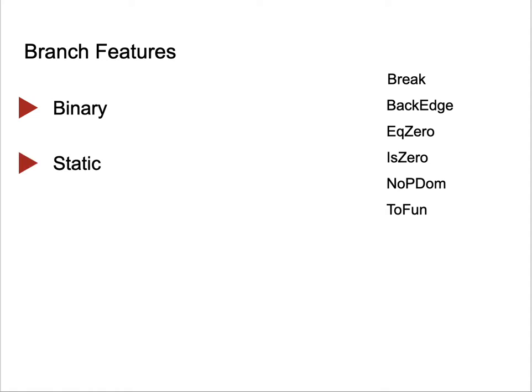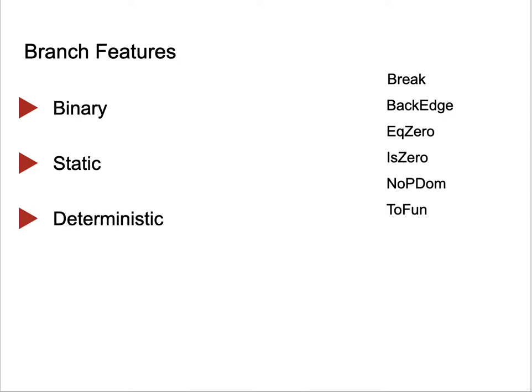Another characteristic of these features is that they depend only on the syntax of the program. They are absolutely static, so we can extract them by parsing the program. We shall extract them from the program's control flow graph in this case, so each branch in the program's control flow graph will give you a vector with 6 dimensions.